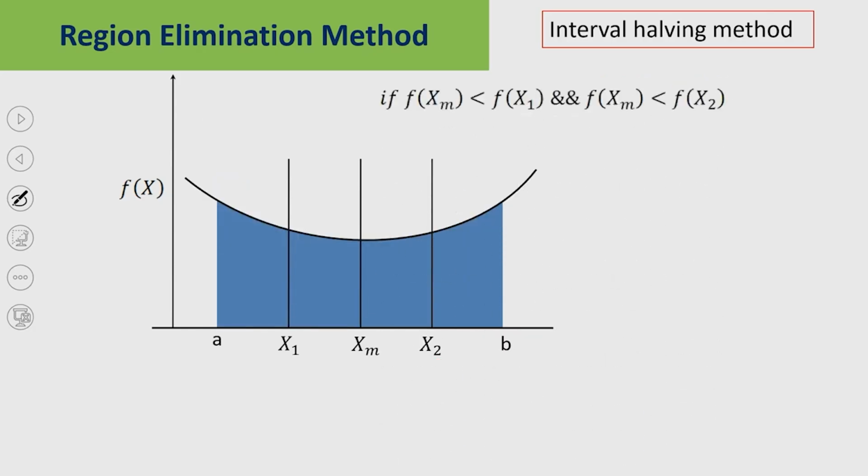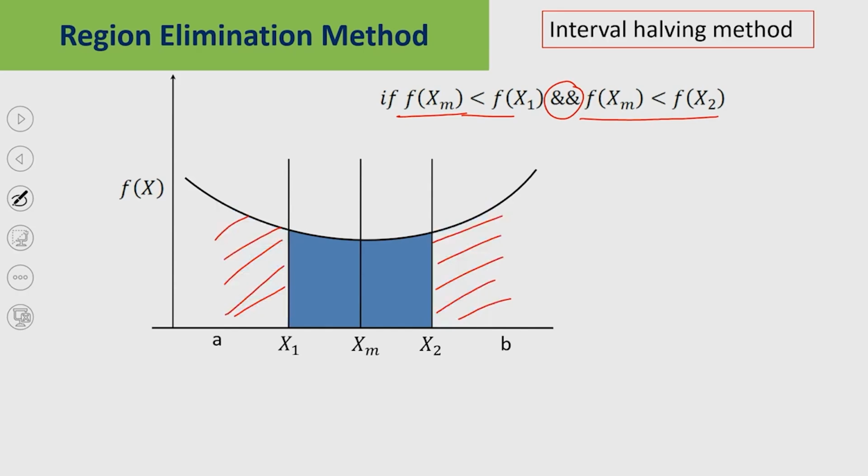Now, if f of xm is less than f of x1, and at the same time f of xm is also less than f of x2, then optima is not there in this particular area, so I can eliminate these areas. Therefore, we are checking 3 conditions here.